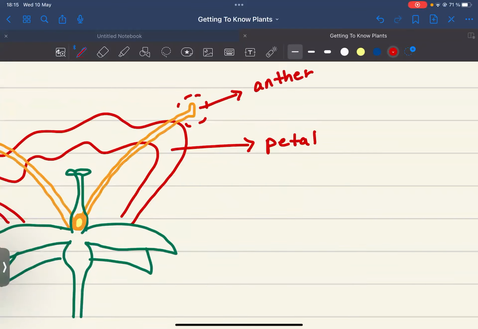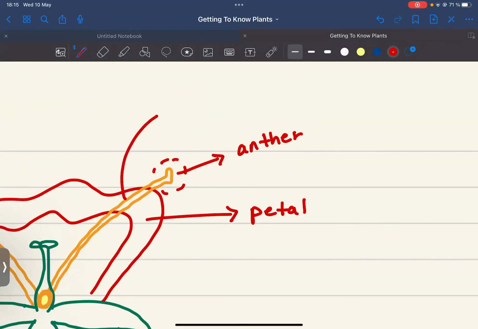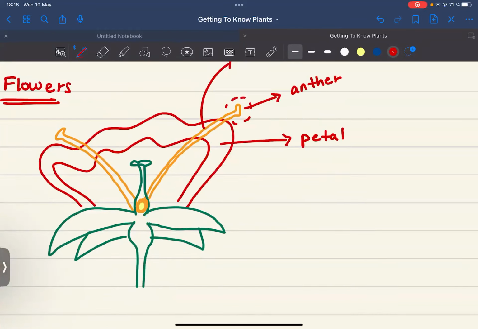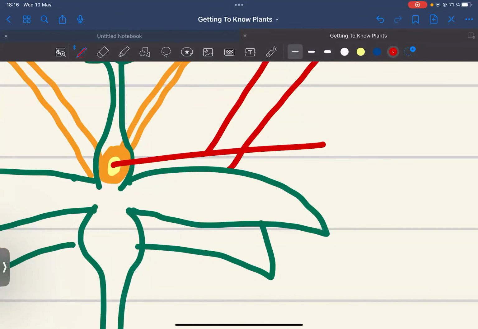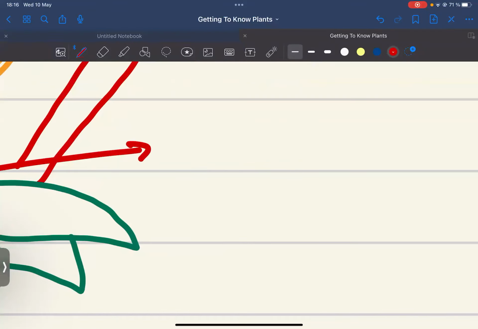And this portion holding the anther is the filament. And here is where the baby is formed, basically like the stomach, the womb. This is the stomach of the flower where the baby is formed, which is the ovary.